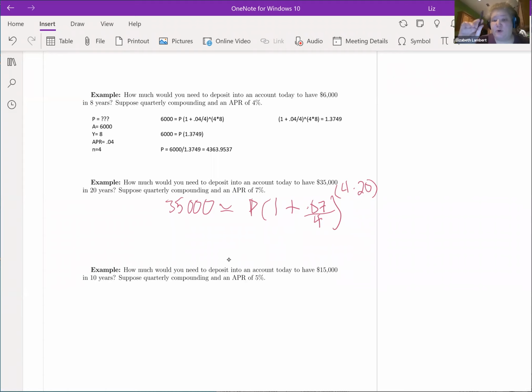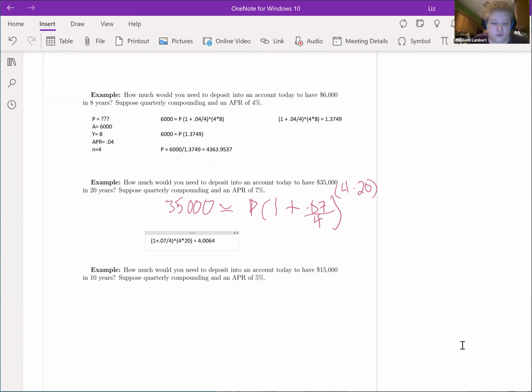So we figure out what that number is, and then we're going to do 35,000 divided by that number. So now I will go ahead and type 1 plus 0.07 per 4 times a year to the 4 times 20.